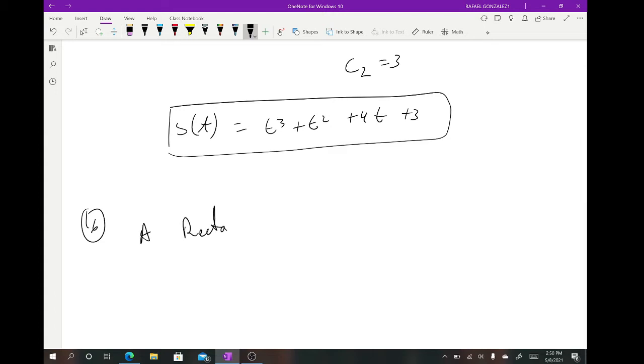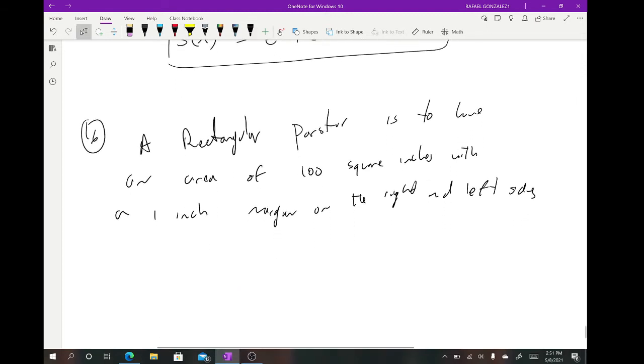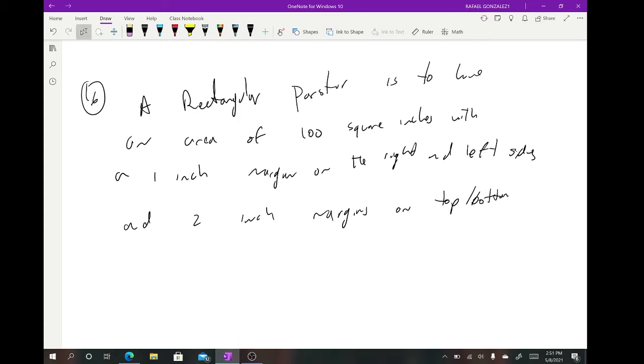We're told that a rectangular poster is to have an area of 100 square inches with a 1-inch margin on the right and left sides, and 2-inch margin on the top and bottom. The question is to find the dimensions of the poster with the largest printed area.